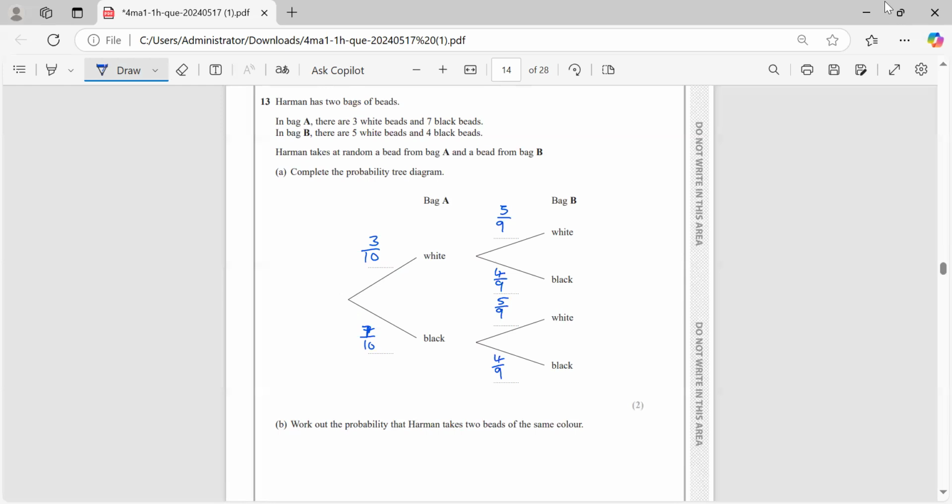Hammond takes 2 beads of the same color. So we're going to have a combination of colors over here. So if he picks 1 bead from the first bag, right, and then picks another bead from the second bag, bag B, the probability that it's going to pick 2 white beads is here, and this one is a probability of picking a white bead first and then a black bead second.